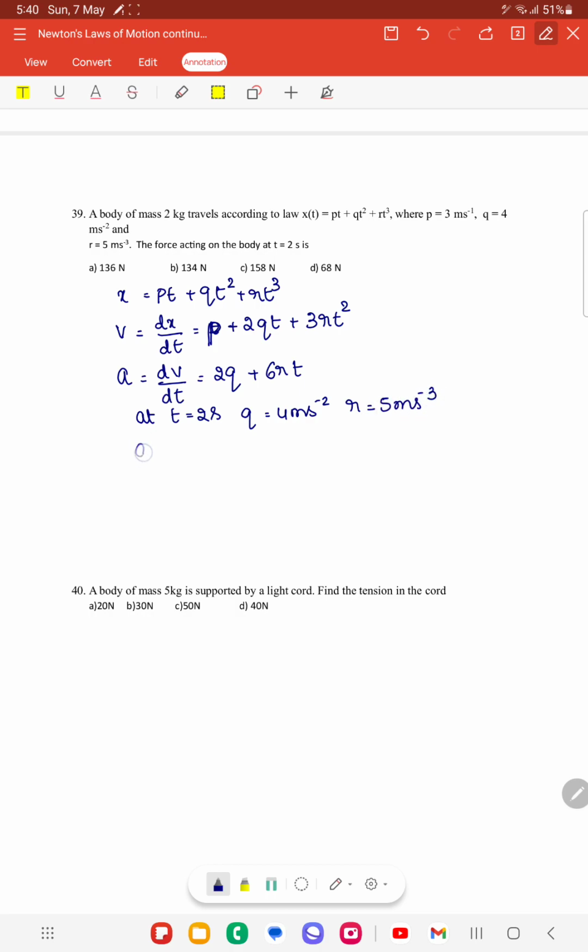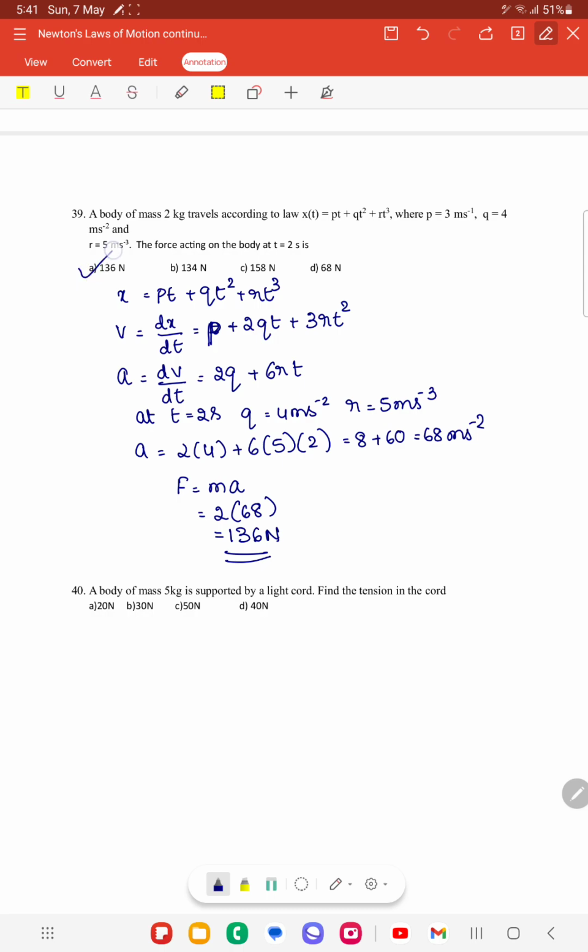So substituting, we have a is equals to 2 into 4 plus 6, r is 5, t is 2. So it is 8 plus 60, which is 68 meter per second square. Therefore, from second law, F is equals to m into a. m is 2 into 68, that is 136 Newton. So option A is the right answer.